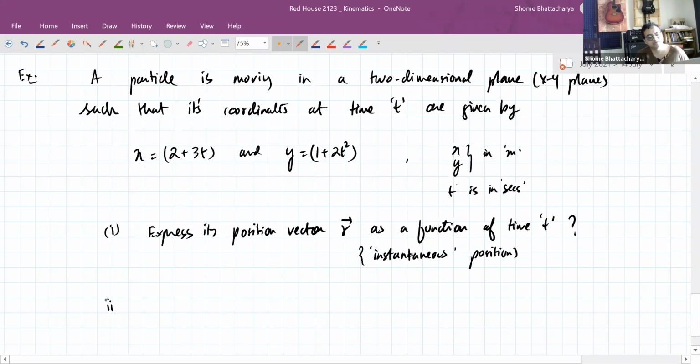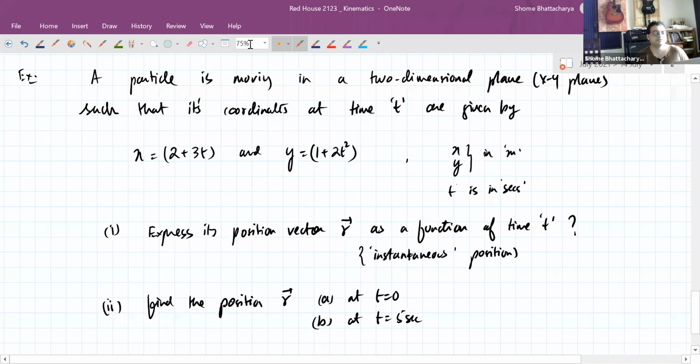Then secondly, find the position r at t equal to 0 and again at t equal to 5 seconds.